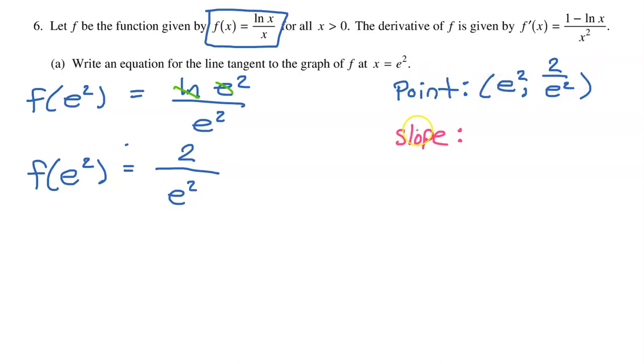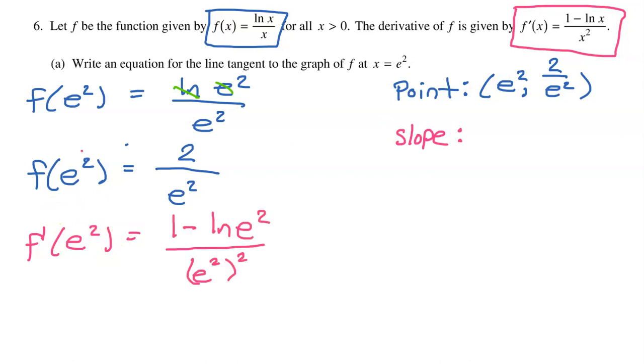Now we need to find the slope. Well, if we've learned one thing so far in calculus, it's that when you hear slope, you should be thinking derivative. So we will use the derivative in order to find the slope. So we need to find f prime at e squared. So here is f prime at e squared.